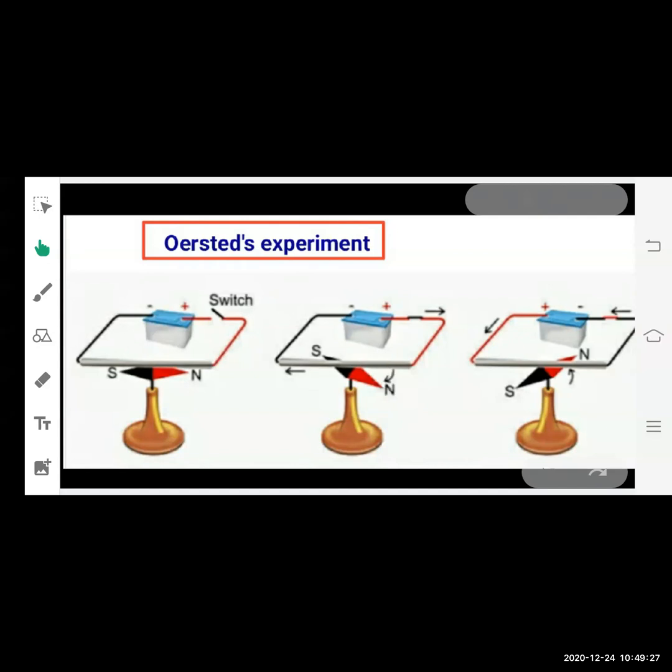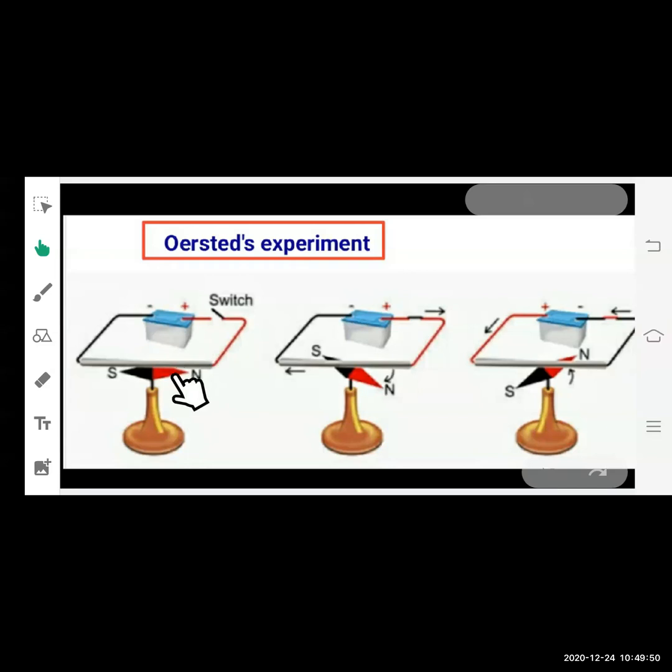So do you remember how a current carrying conductor is able to push the magnetic field? This is because a current carrying conductor develops a magnetic field around it. Because we studied that a current carrying conductor acts like a magnet. Why does it act like a magnet? Because it develops a magnetic field around it, and that magnetic field exerts force on the magnetic needle.